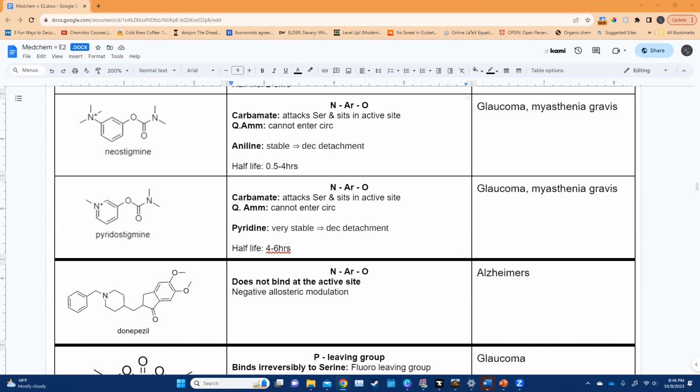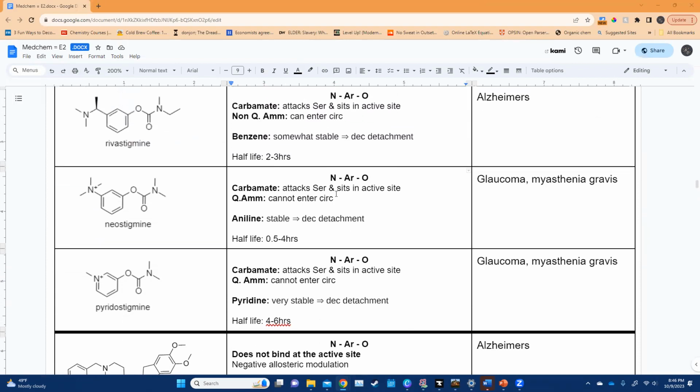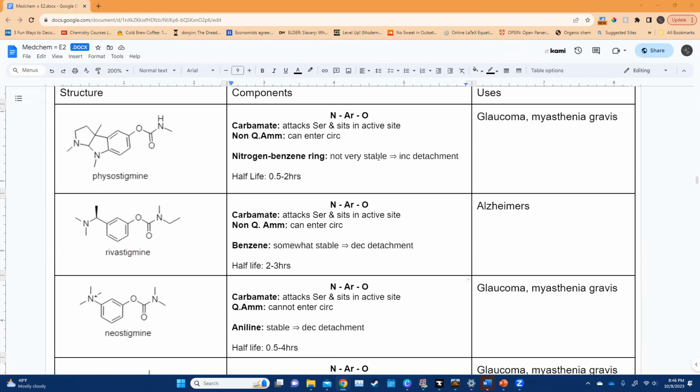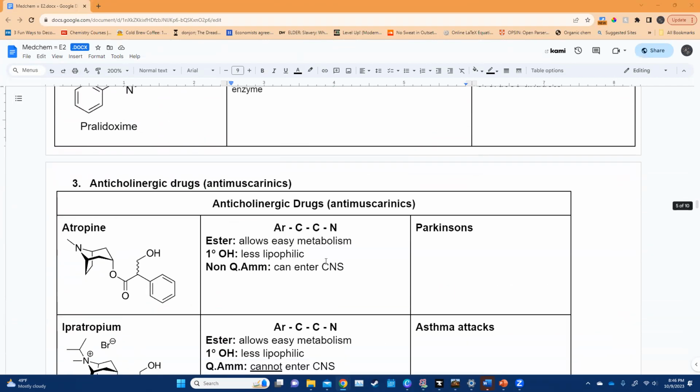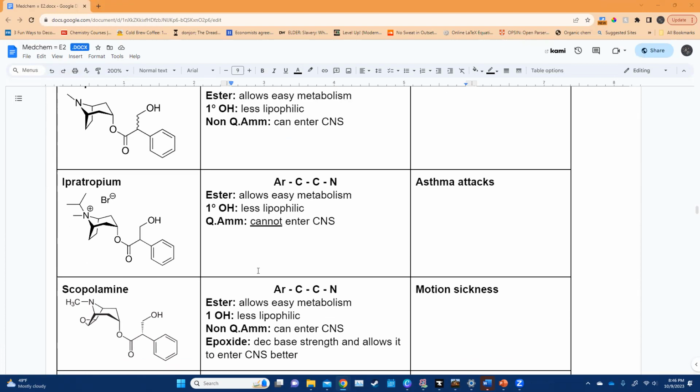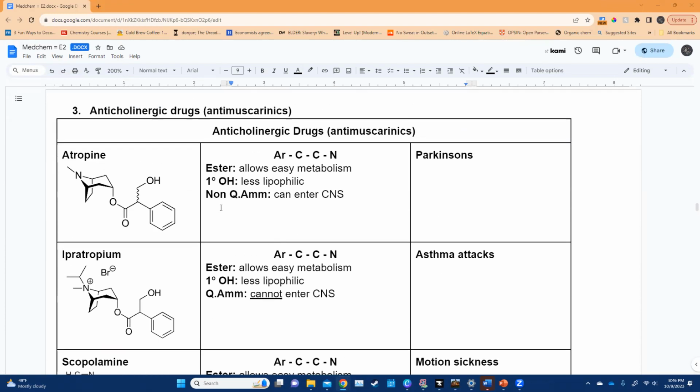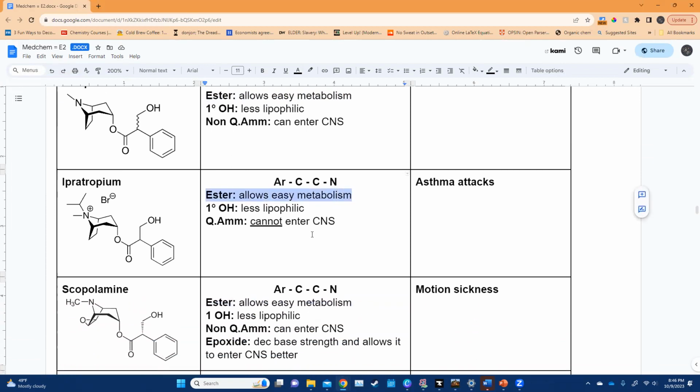If you're not a flashcard person like I am, use Quizlet. Really, the only thing you need to do is flip a card and go, oh, N-aryl O, perfect, that's a cholinesterase inhibitor. You flip the drug and say, oh, aryl carbon carbon nitrogen, that's anticholinergic. That's how simple you can get these things in your head. All you need to do is memorize what each of the different aspects does.